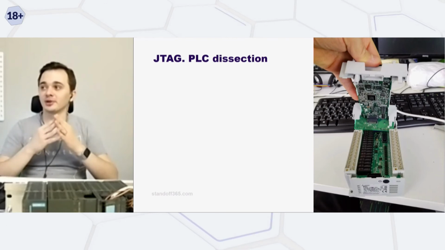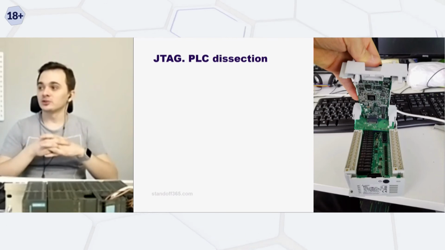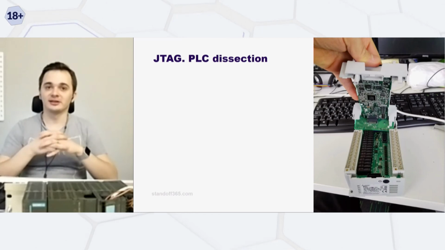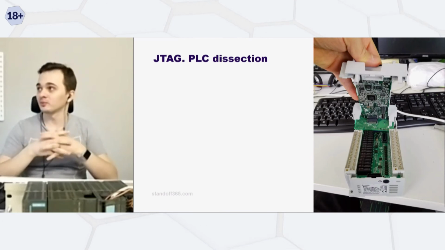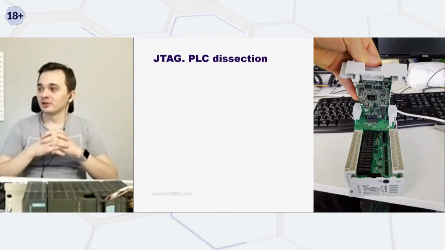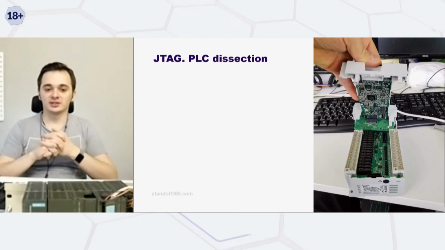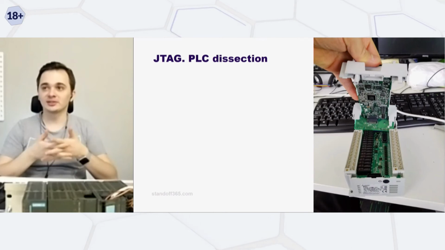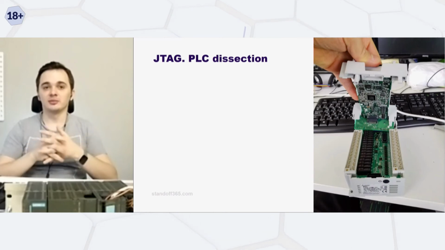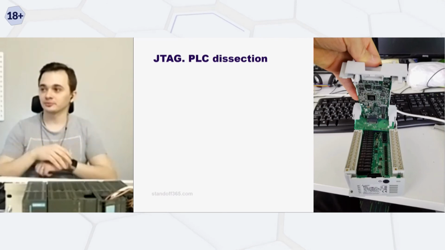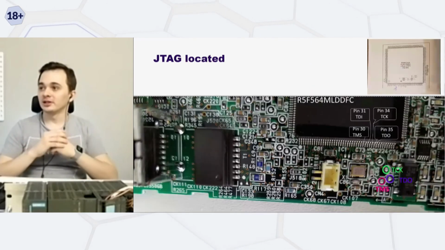Let's consider a case from our practice. Here on the picture, you can see the PLC. And we have already seen one like this in the previous presentations. This PLC we decided to dissect using JTAG.